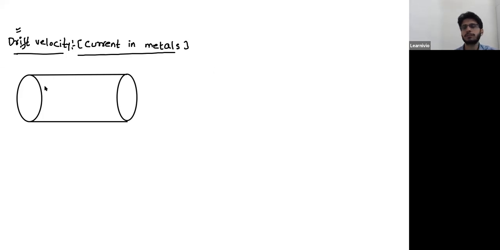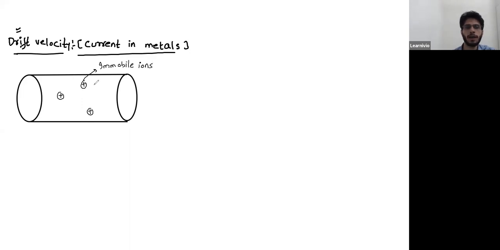Now, as discussed in chapter number 2, a conductor has immobile ions. Ions cannot move. If you take a conductor of copper, then that conductor will have Cu2+ ions, and these ions are immobile.